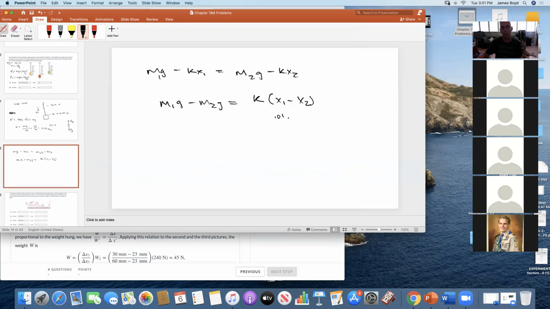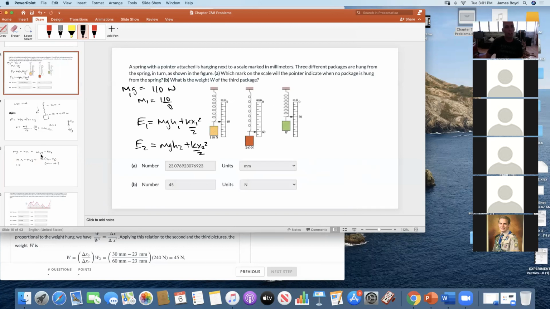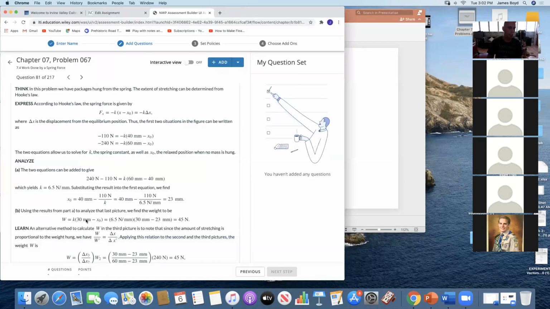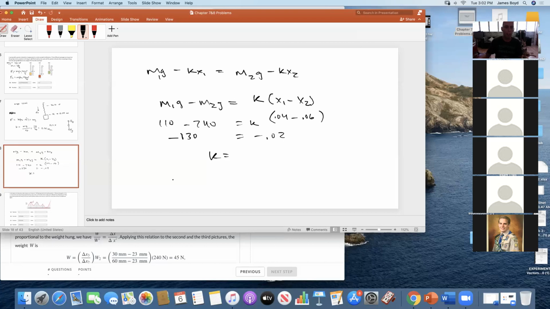So this is 0.04, this is 0.06. This is 110, this is 240. So minus 130 is equal to k times minus 0.02. I don't know why they got such a small number for k. Oh, because they went per millimeter. So k is equal to 130 over 0.02.